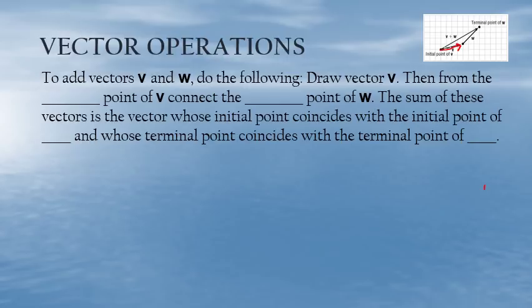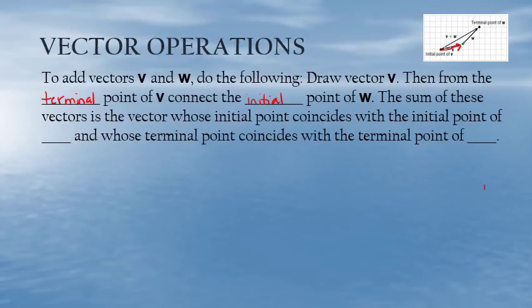Then, from the terminal point of v, you will connect the initial point of vector w. So let me show you what that's going to look like.